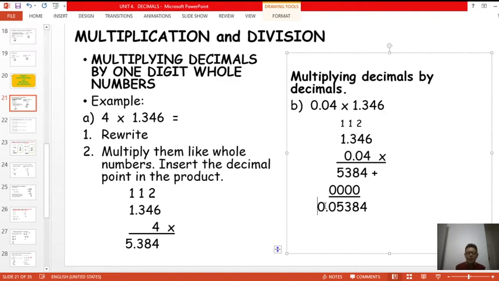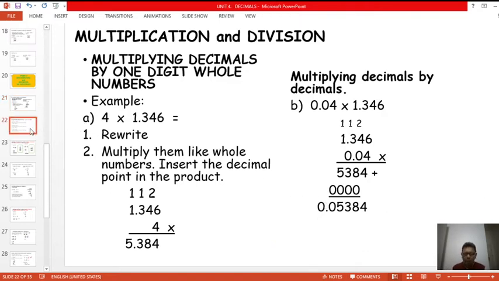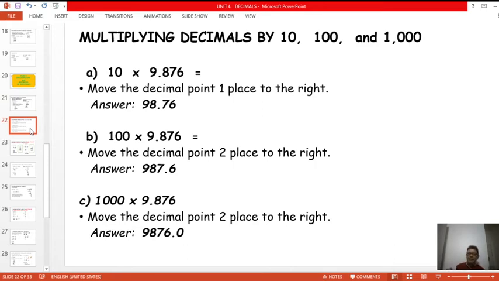Now I have another solution here, multiplying decimals by 10, 100, and 1,000. Let's look at this example. We have 10 times 9.876. When your multiplier is 10, 100, or 1,000, all you have to do is move the decimal point.